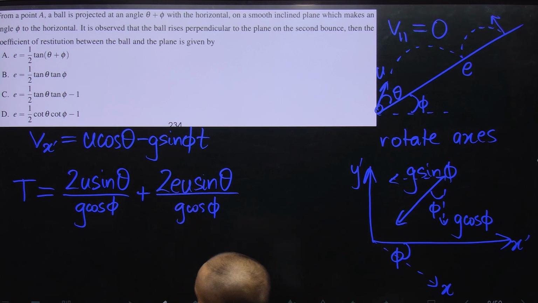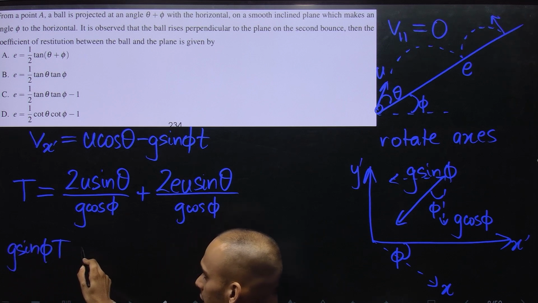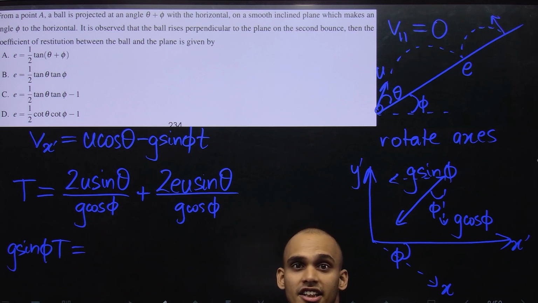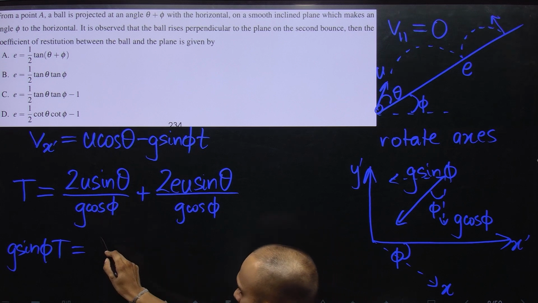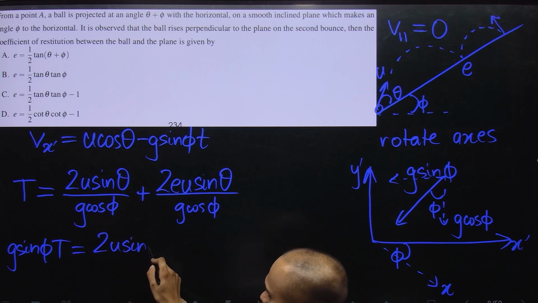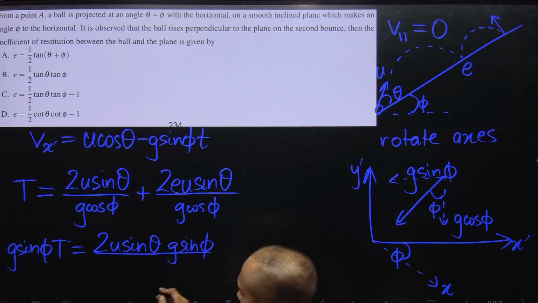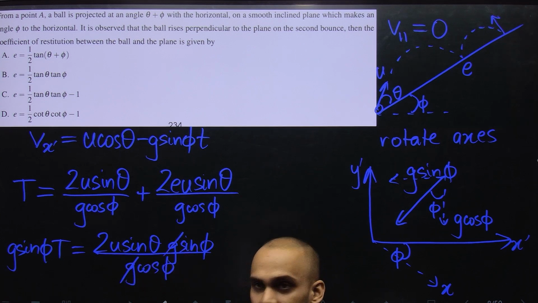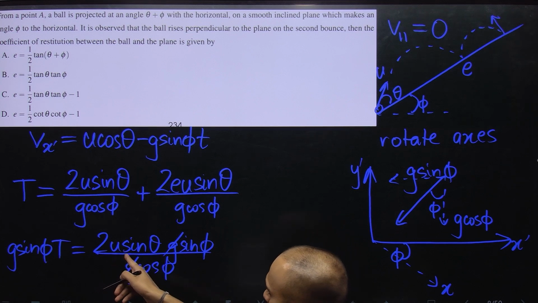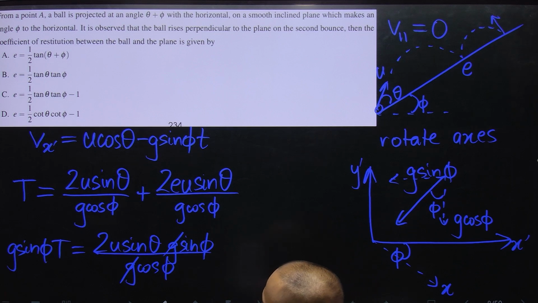So g sin phi into t will now be equal to, just multiply g sin phi with both the expressions, and we can take 2 u sin theta common. 2 u sin theta into g sin phi over g cos phi. g will get cancelled with g, and the remaining sin phi over cos phi gives us tan phi.